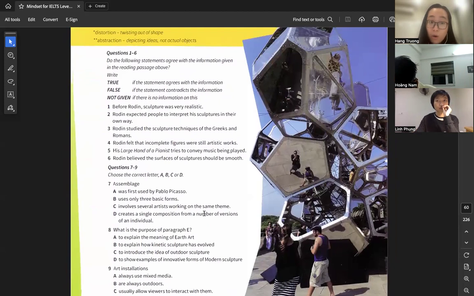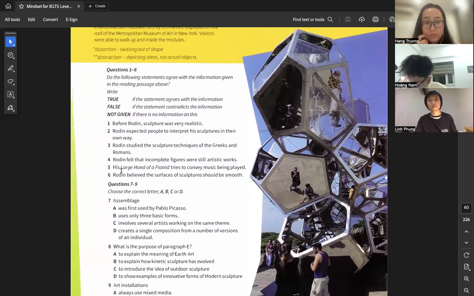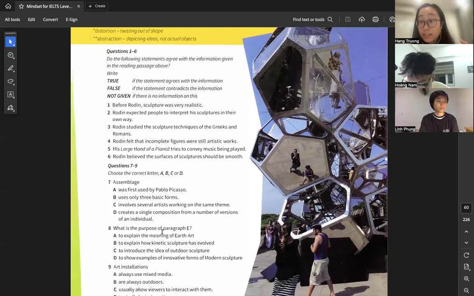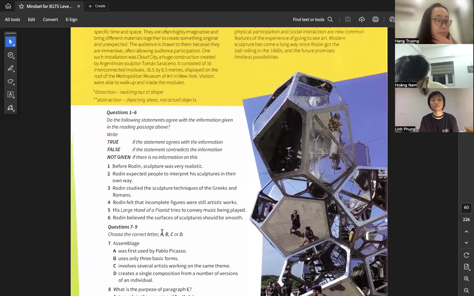However, for now, we're only going to check answers from number 1 to number 6, because these are the true, false, not given. After the feedback, we will work with the theory of how to do a multiple choice question, and after that we will jump back into the rest of this exercise, okay? So for now, I'm just going to focus on number 1 to number 6 first.